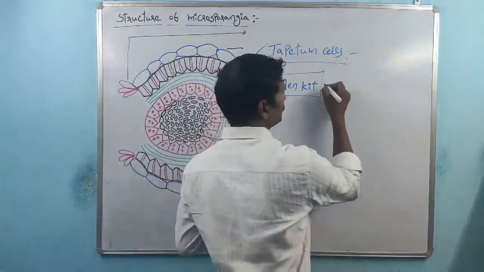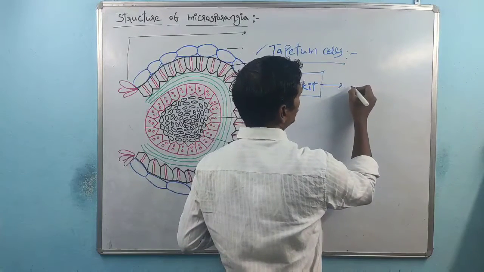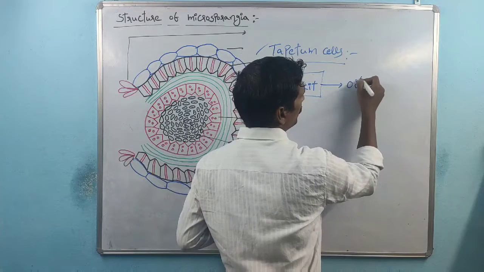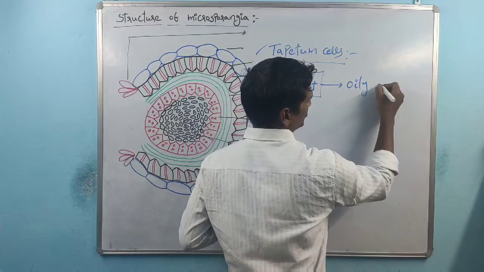What is pollen kit? We will discuss. Tapetum cells are also involved in the secretion of pollen kit. What is pollen kit? Within pollen kit, the very first one is that the tapetum cells majorly secrete the oily substance.